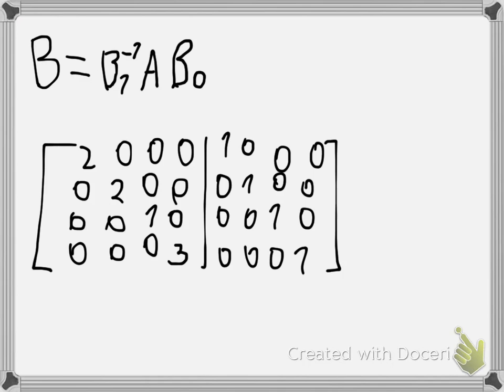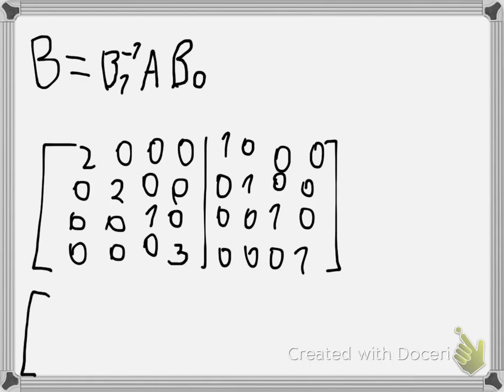We do our matrix operations on the left side to get the identity matrix, and we do the same operations on the right side on the identity matrix that we have at the beginning. Once we get the identity matrix on the left, the matrix on the right will be the inverse of the matrix we had at the beginning.